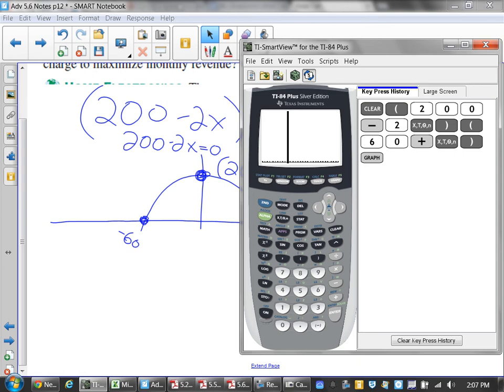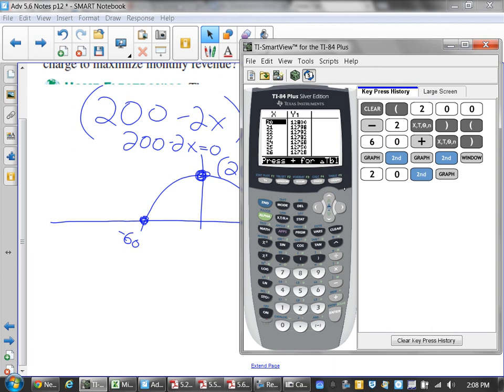So if I just go right to my table, find 20 for x. What's y? 12,800.